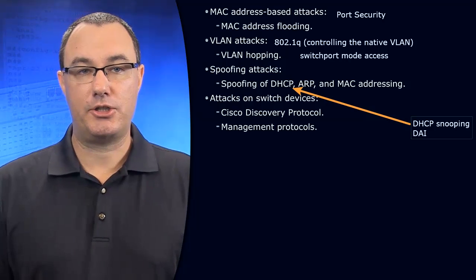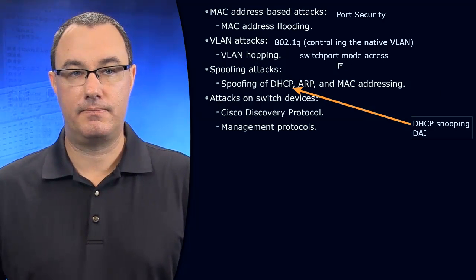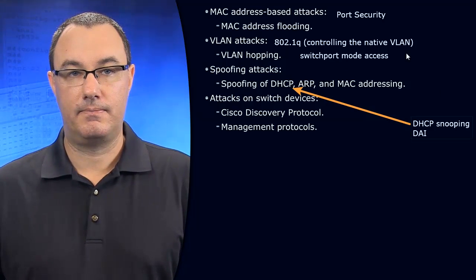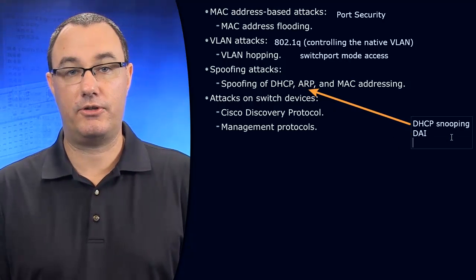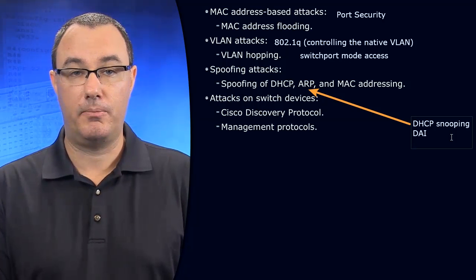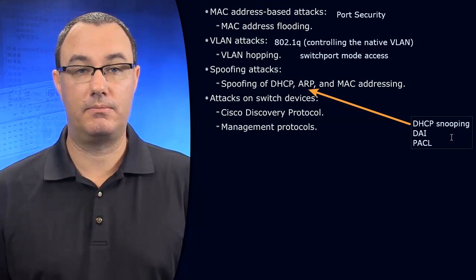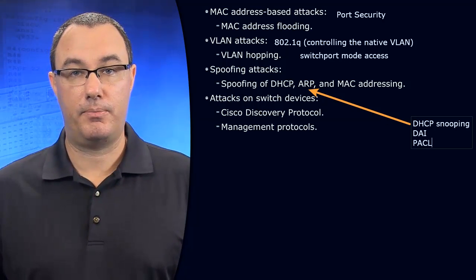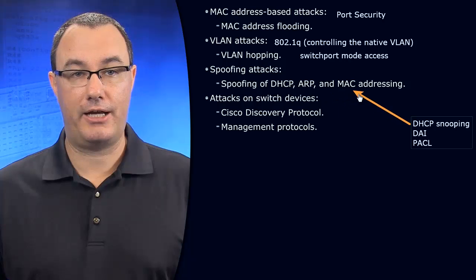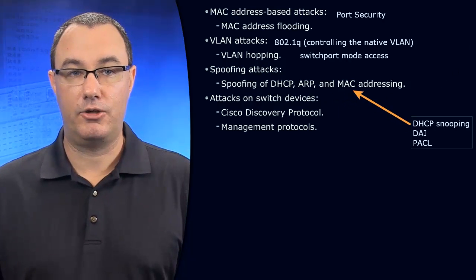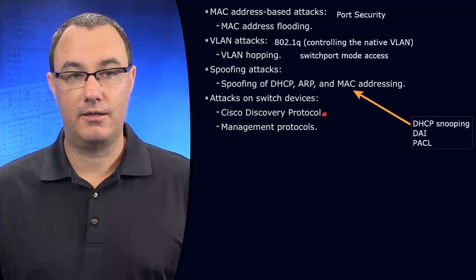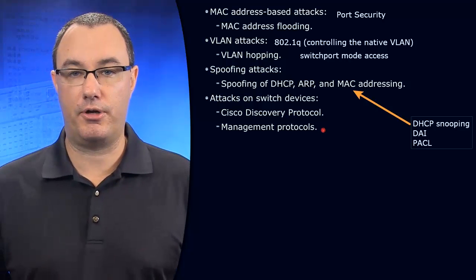Dynamic ARP inspection is the next one. And then spoofing MAC addresses is a combination of a few things, but you can have a port ACL. You can have a port ACL that would control that. So those are the three solutions. You need to pair these up, and then trimming CDP, and then controlling your management protocols.